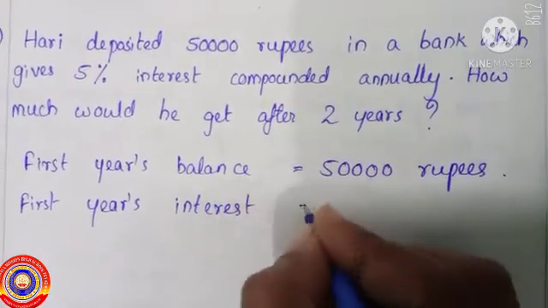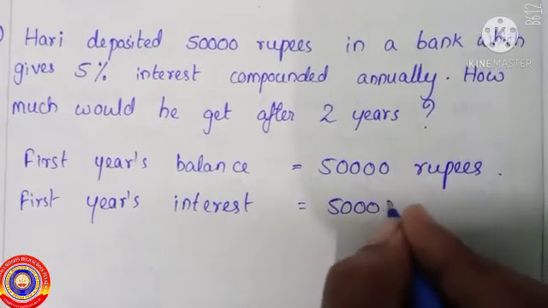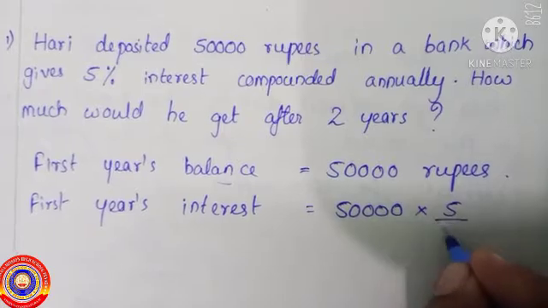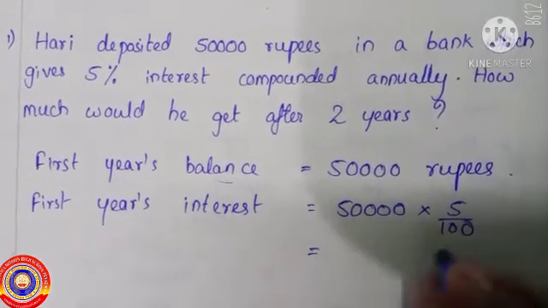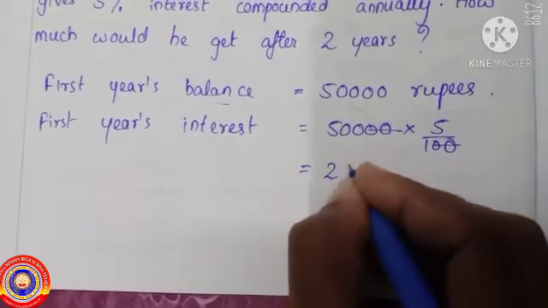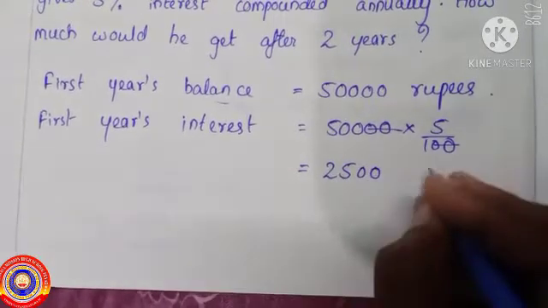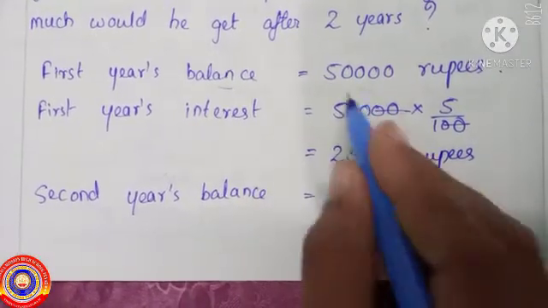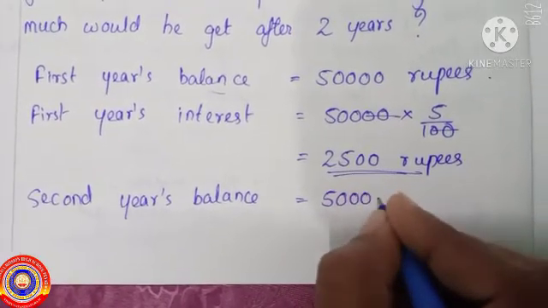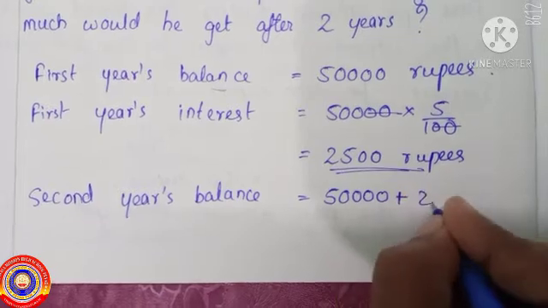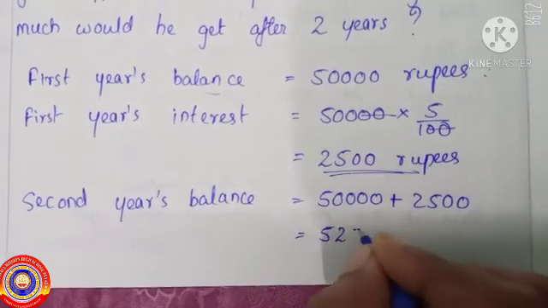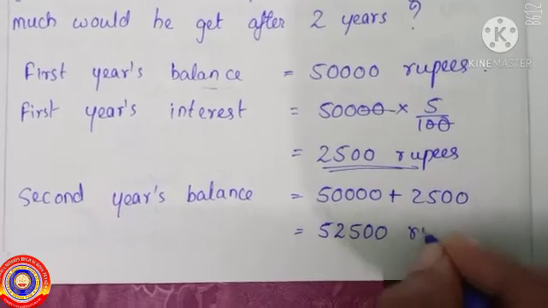First year interest is equal to 50,000 into the interest rate, 5 by 100, which is equal to 500 into 5 is 2,500 rupees. Second year's balance is equal to 50,000 plus the interest of the first year, that is 50,000 plus 2,500, which is equal to 52,500 rupees.